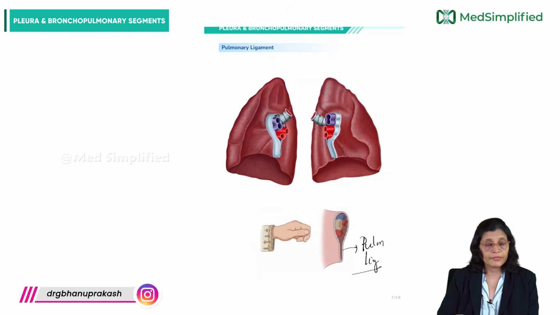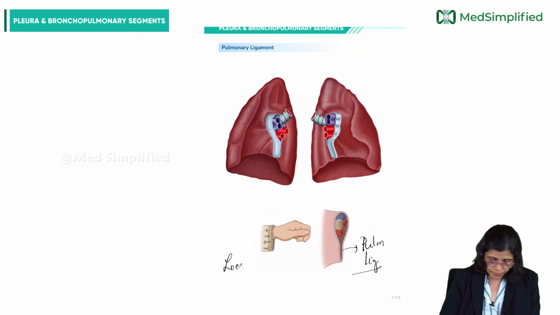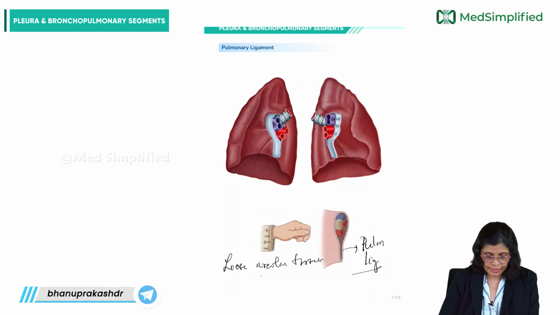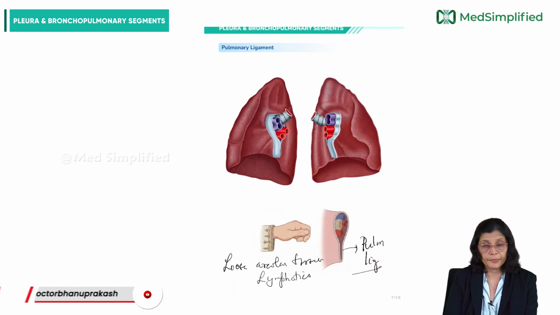The pulmonary ligament basically contains loose areolar tissue as well as lymphatics.